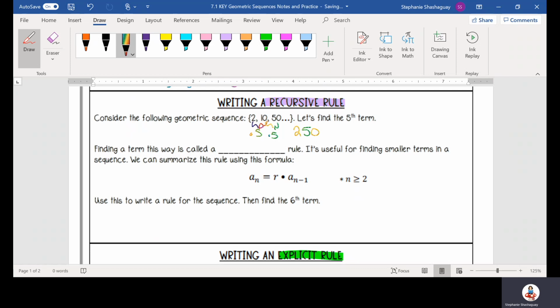Then to go from 250 to our next term, we're going to multiply 250 times 5, and we're going to get 1250.